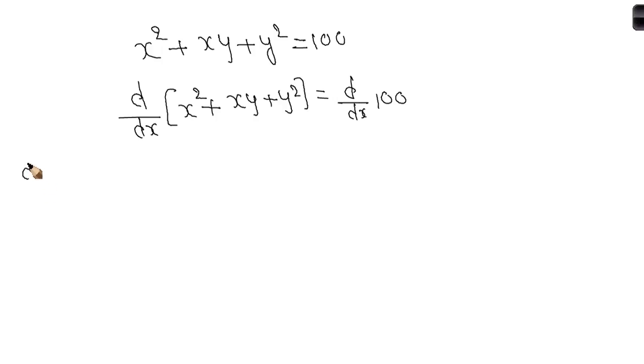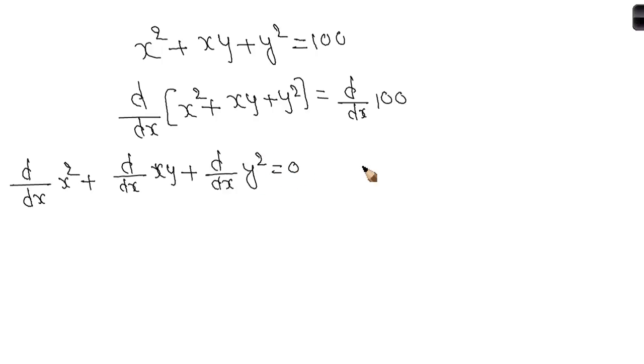So what is the derivative of x square? Derivative of x square plus derivative of xy plus derivative of y square is equal to 0.